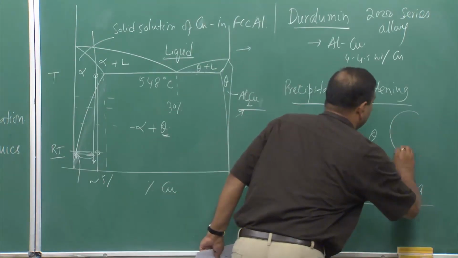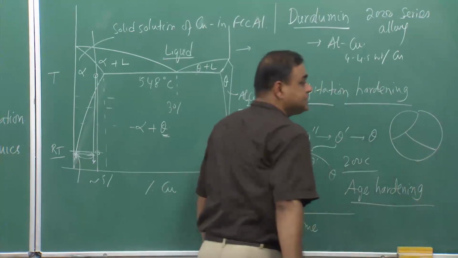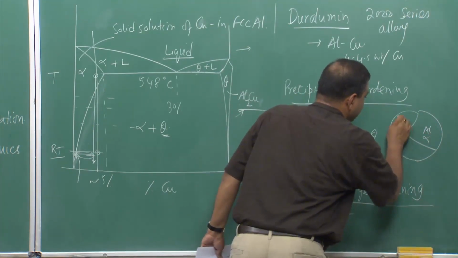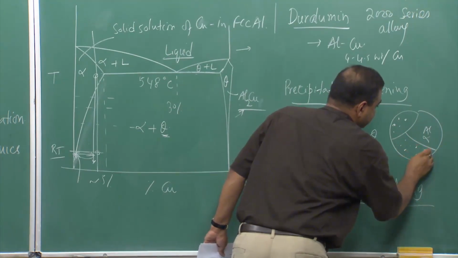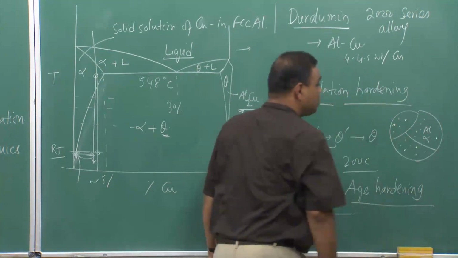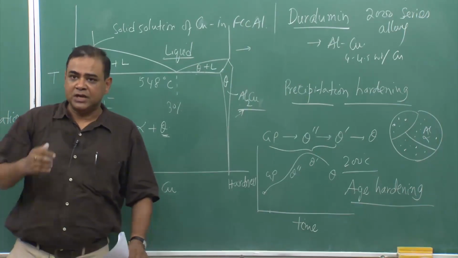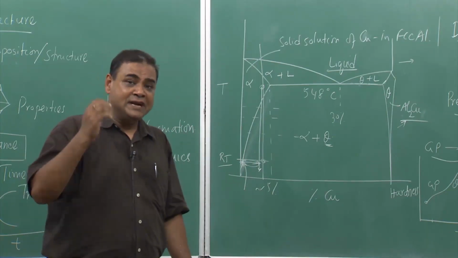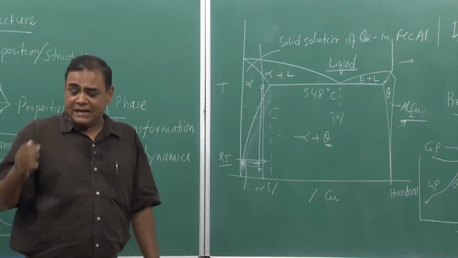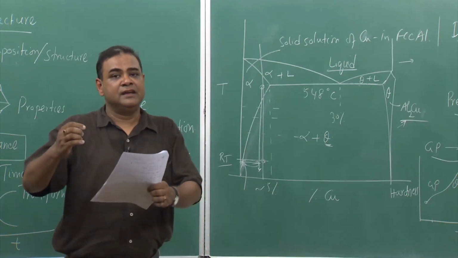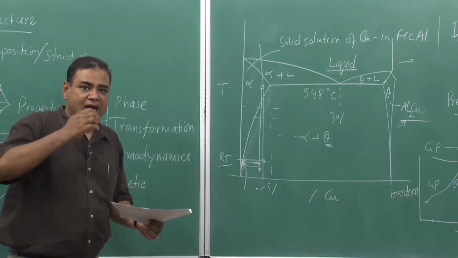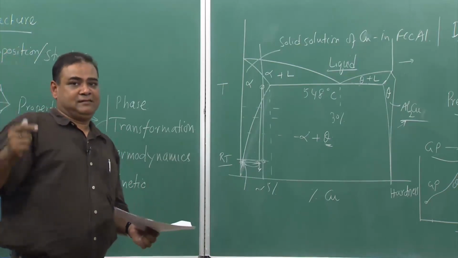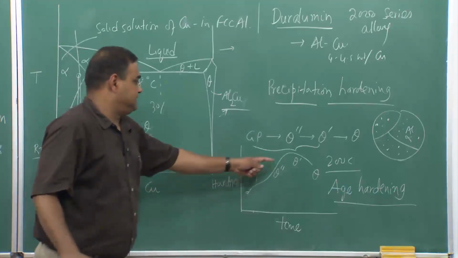If those are the grains of FCC aluminum, which is alpha phase, those precipitates would appear as small precipitates, and they would not allow the dislocations to move freely, because they hinder the dislocation movement, and whenever dislocation movement is hindered, we have an increase in hardness. That means more strength is required to cross that barrier, and that is what we get, an increase in hardness.